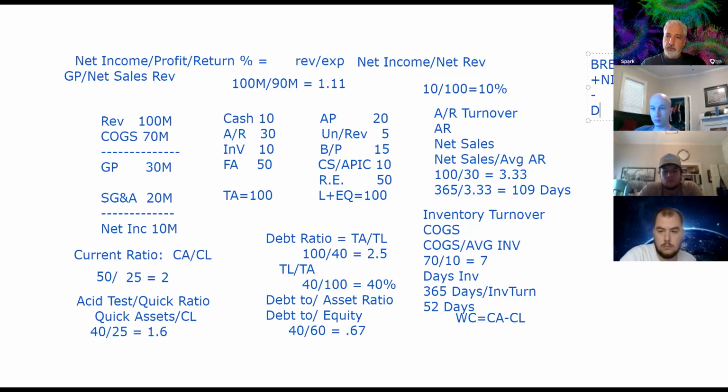What am I deducting? Dividends. And you get my ending retained earnings. Okay, so that's our retained earnings statement formula.